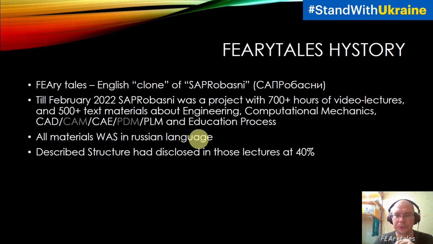Russia came to our country with war, tried to occupy our cities, and if they can't occupy, they try to kill civilians, doing a lot of strikes with artillery, with mines, with aircraft, with rockets.